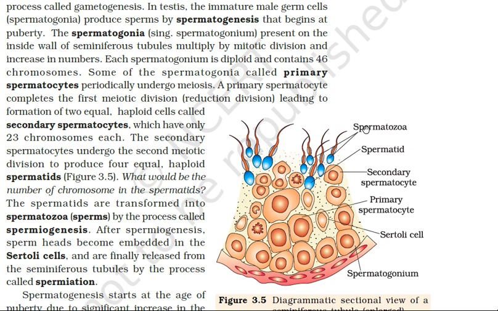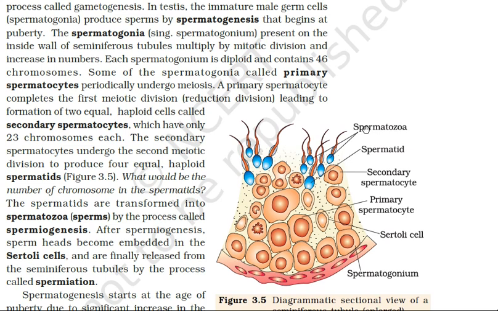The mature spermatozoon, or sperm, finally gets detached and is released into the lumen of the seminiferous tubule by the process called spermiation.